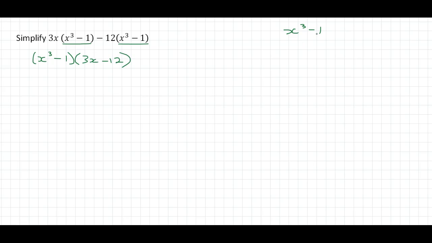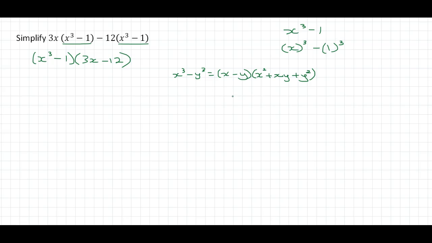Okay, so let's go ahead and simplify x cubed minus 1. We're going to pay attention to this: the difference of two cubes is going to be x cubed minus 1 cubed. And here's the formula, just in case you've forgotten it. x cubed minus y cubed is going to be (x minus y) multiplied by (x squared plus xy plus y squared).